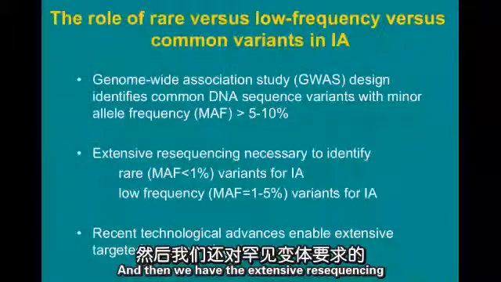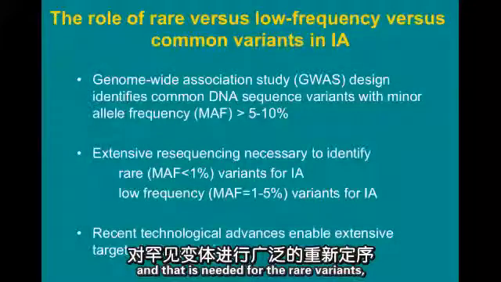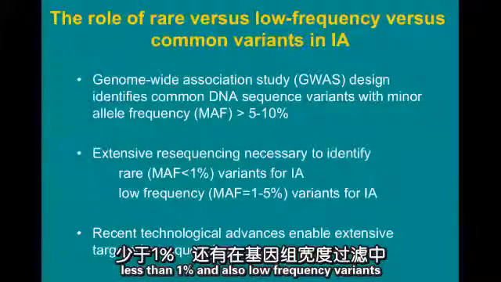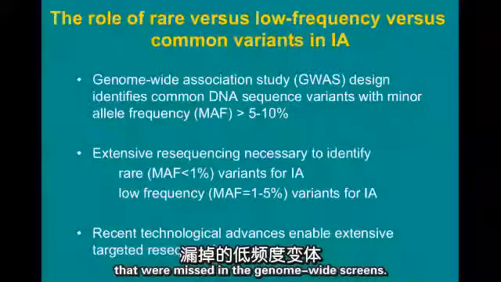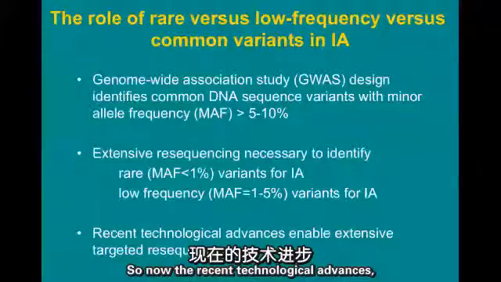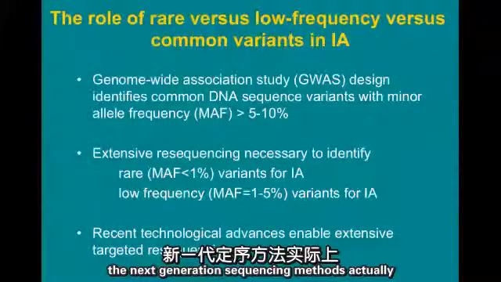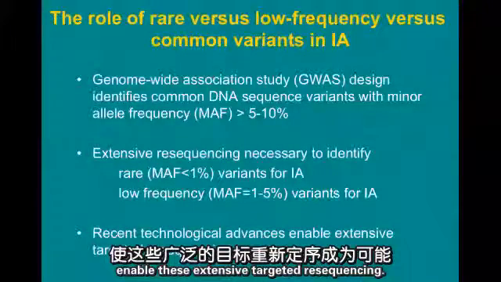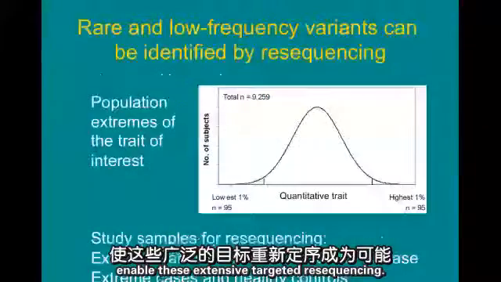Then we have extensive resequencing, which is needed for the rare variants, with minor allele frequencies less than 1%, and also low frequency variants that were missed in the genome-wide screens.